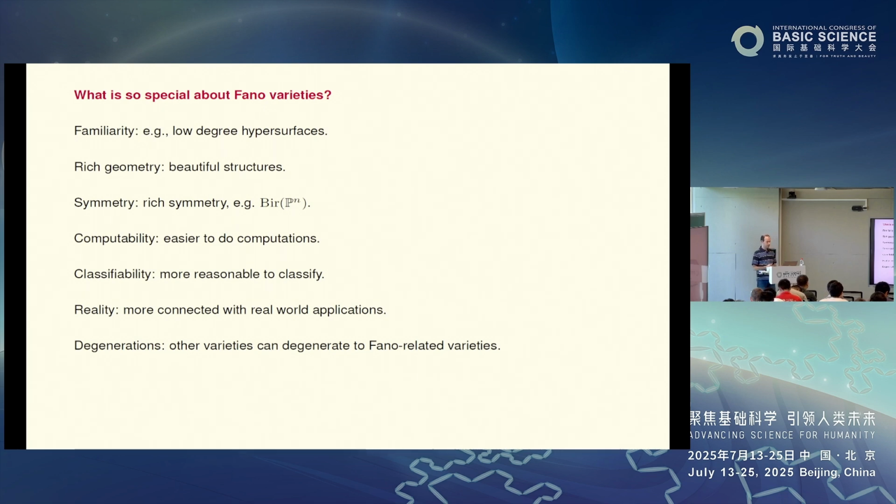One of the structures that Fano varieties enjoy is symmetry. In the case of spaces of general type, or spaces which are negatively curved in terms of differential geometry, they don't have too many symmetries. Their symmetries happen to be finite, basically. But in the case of Fanos, symmetries can be much larger.